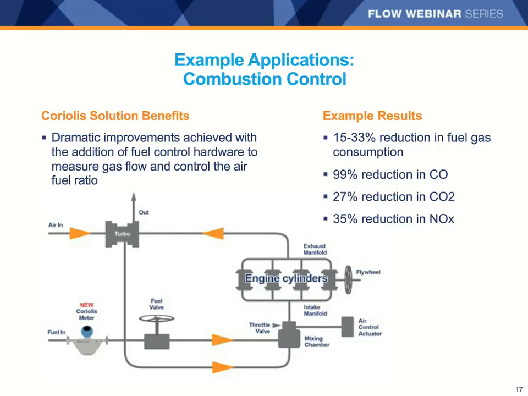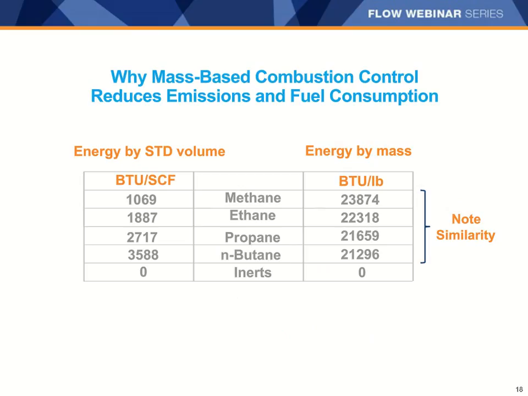It's worth digging into the details of just why combustion control with mass flow makes such a big difference, because it reveals some interesting aspects of natural gas that can be somewhat surprising. It ties back to the heating value of the various individual raw components that make up the mixture we call natural gas. The column on the left and the column on the right are both lists of the heating values for the various pure components shown in the center column.